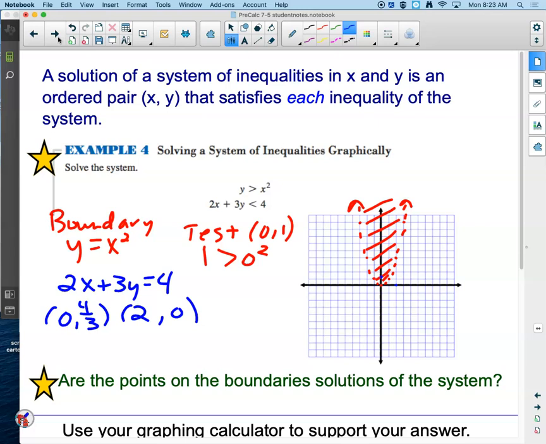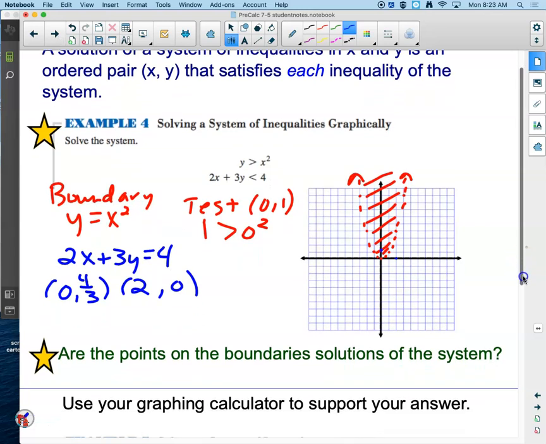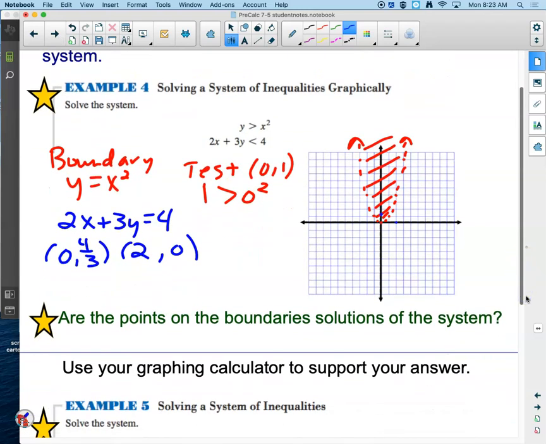And especially on a test, if I start feeling like I might not be able to get a really good idea of exactly where this line is going to go, I'm probably going to put it in slope-intercept form so I can figure out what the slope is and make sure that I'm graphing where I need to graph. So with our 2x plus 3y equals 4, we'd subtract 2x from both sides and then divide by 3.